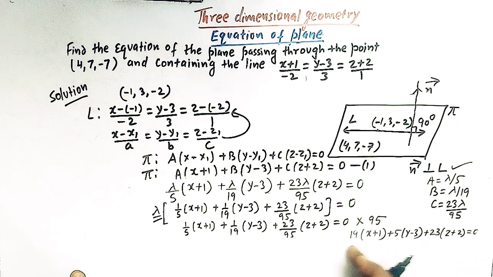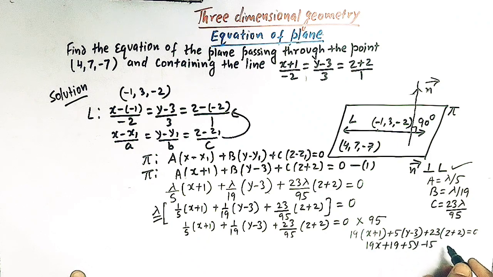So now simplifying this expression, we have now 19x plus 19, then we have 5y minus 15, and then 23z plus 23 times 2 is 46, and this is equal to 0.